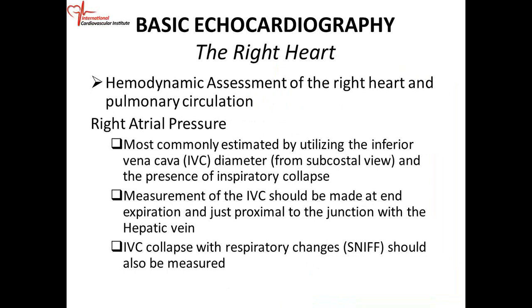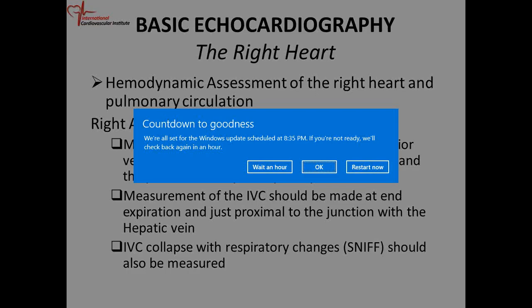So we use the size of the IVC and the collapsibility of the IVC with inspiration. And we're going to give you 3 numbers to remember. A normal right atrial pressure is approximately 3 to 5, but 3.